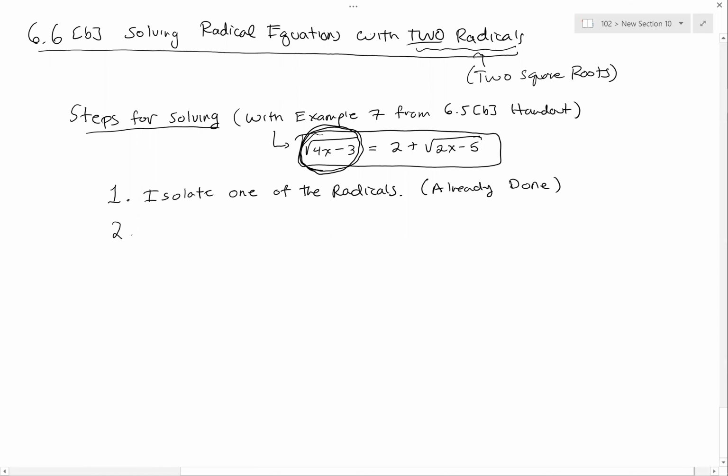Step 2 is to raise both sides to the appropriate power, just like we did in the previous section. But since we're only dealing with square roots, that appropriate power is always going to be squaring. So the only thing we're going to have to worry about is we're going to square both sides.